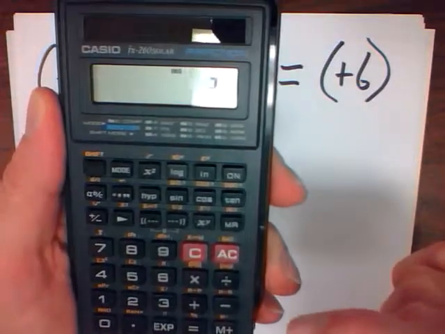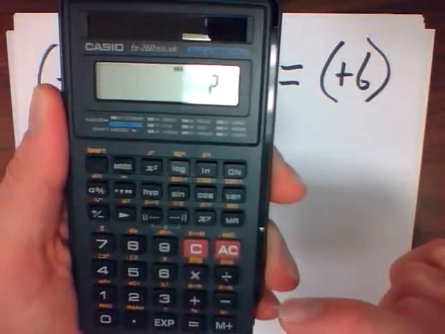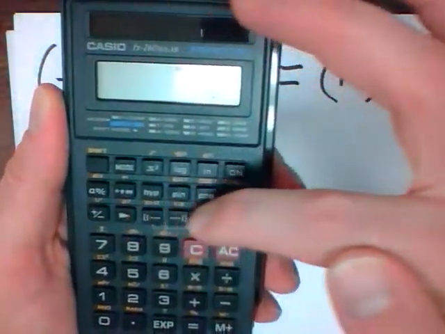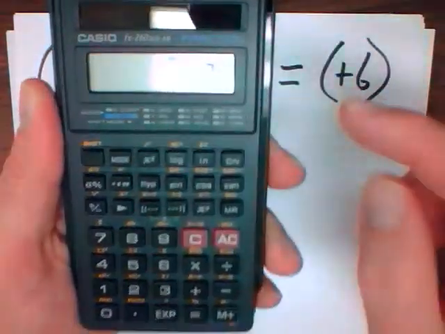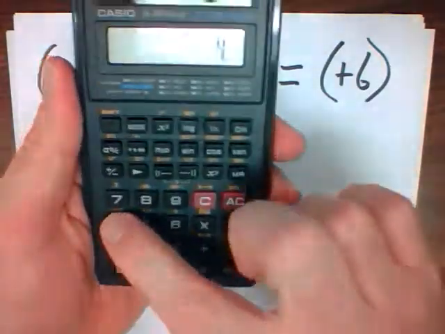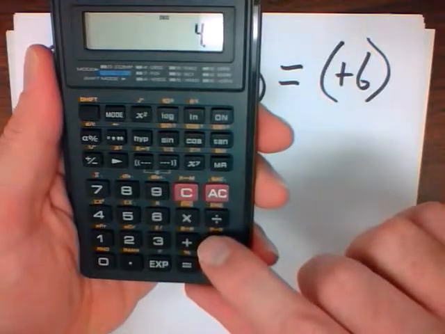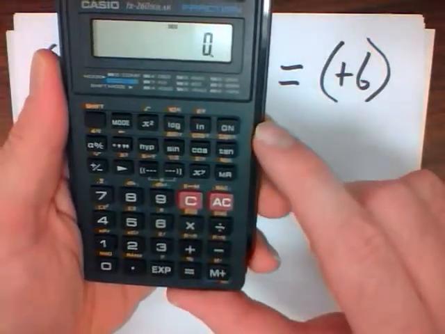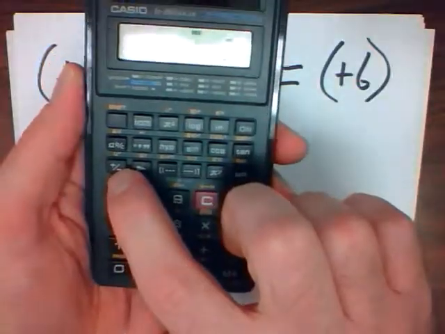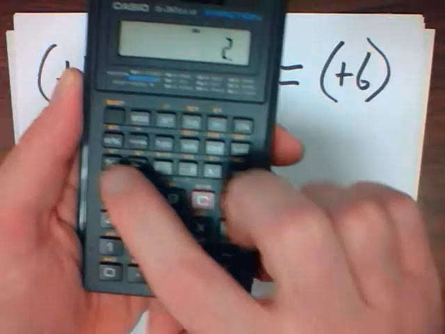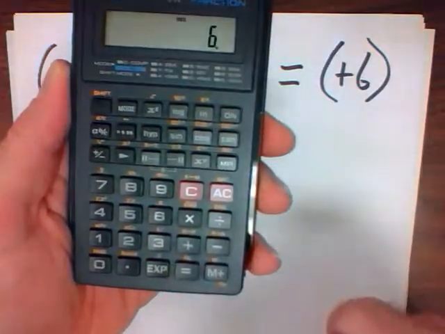And I'm momentarily having difficulty finding a positive and negative sign on here. 4 subtract. Nope, that doesn't work. There it is. Sorry, I'm blind. It's hiding right there. 4 subtract 2, make it negative, equals.